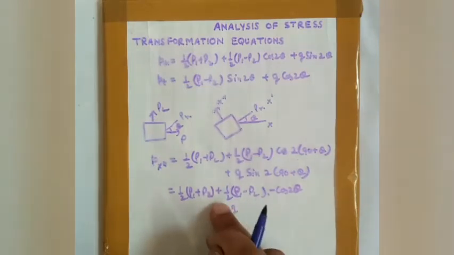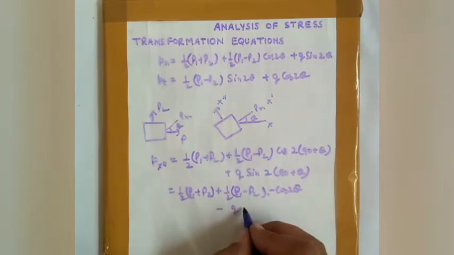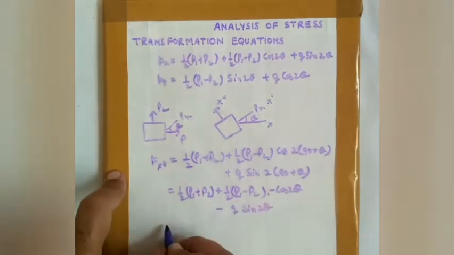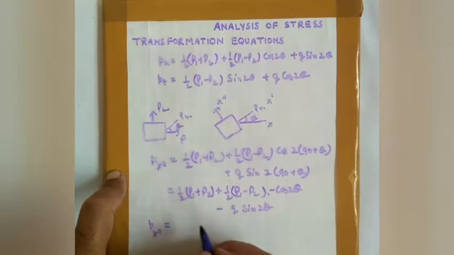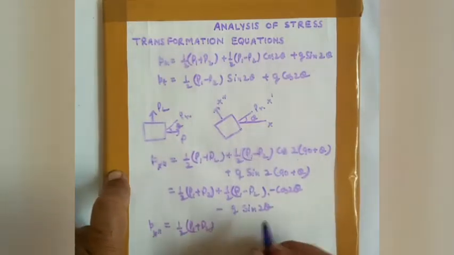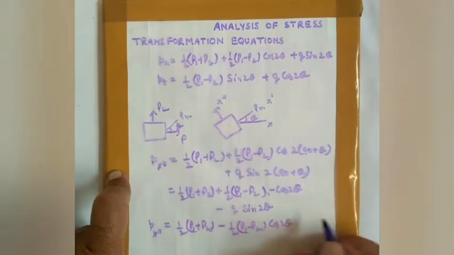So we get here minus q sin 2 theta, or Pn along the x2 direction will be equal to 1/2 (P1 plus P2) minus 1/2 (P1 minus P2) cos 2 theta minus q sin 2 theta.